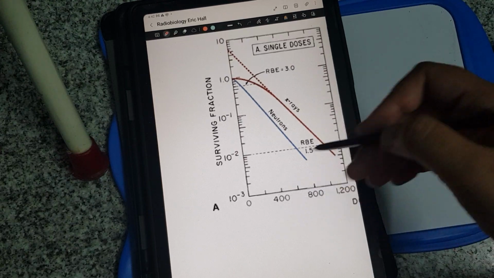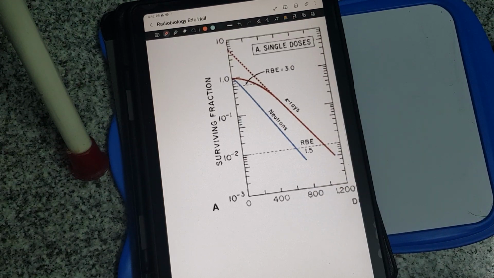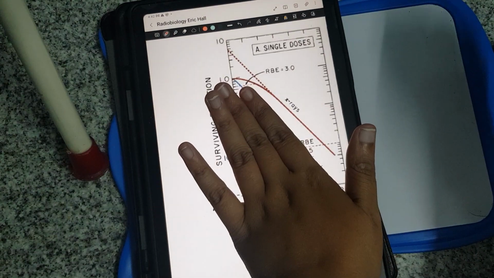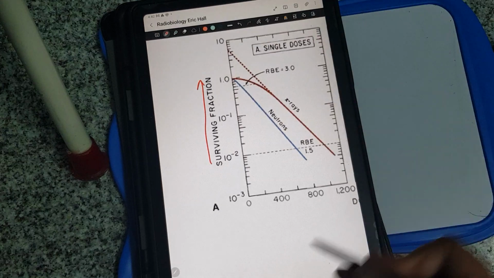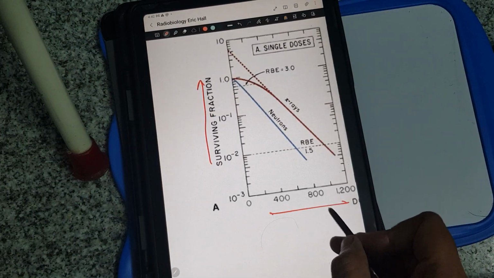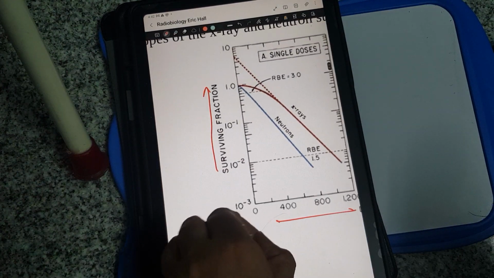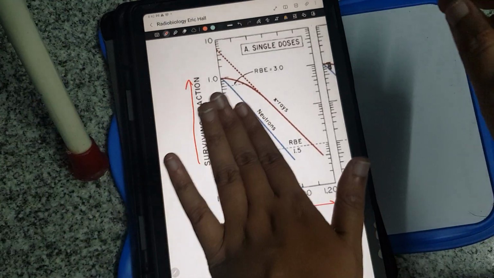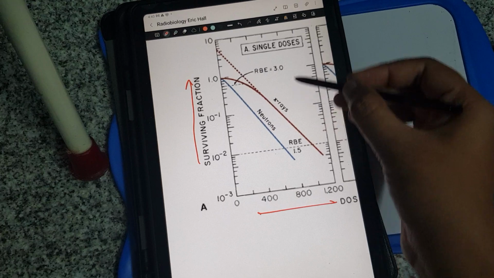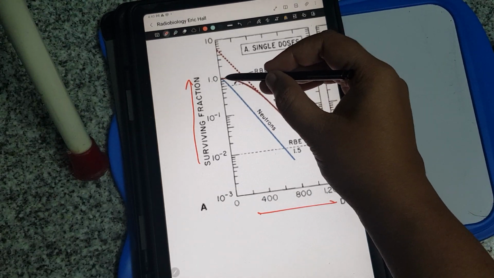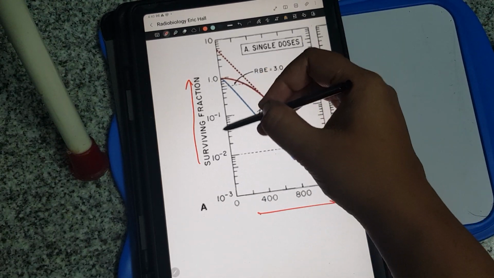This is a typical survival curve, and usually we do not see these neutrons, right? Usually we see the surviving fraction on the y-axis and the dose on the x-axis. For the comparison, we have put this here. For X-rays, as the dose increases, the surviving fraction will decrease.